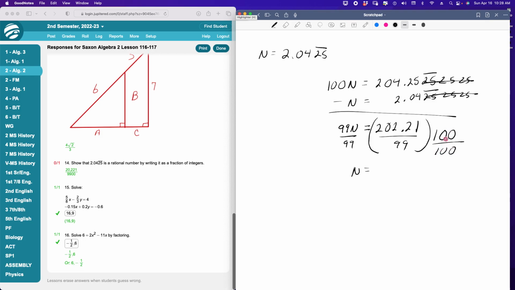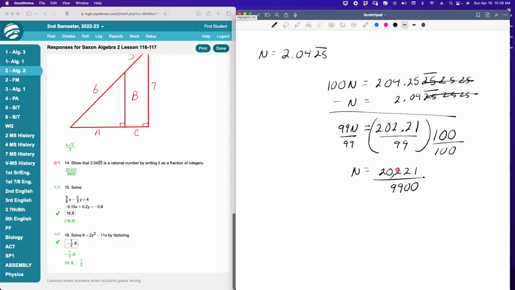So because that's 1, we can change the value of the fraction because we're multiplying it times 1. 100 over 100 is the same as the value of 1. So we are going to write 20221 over 9900. And that is our answer.